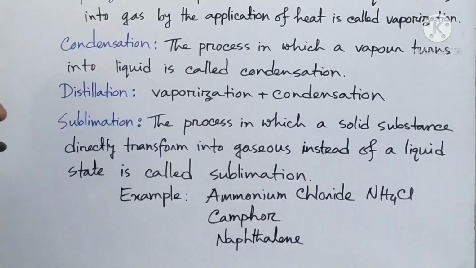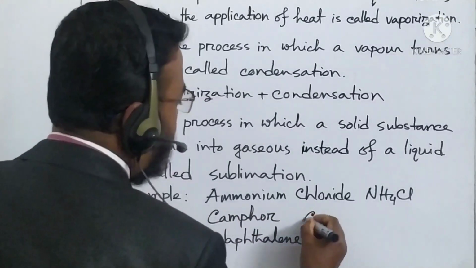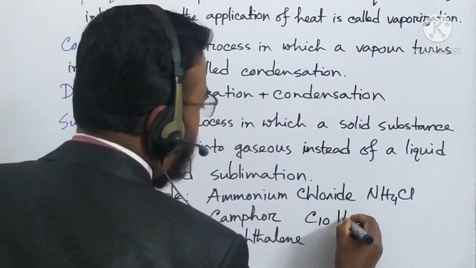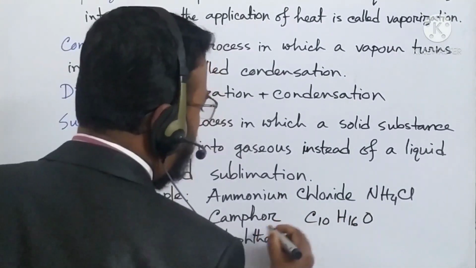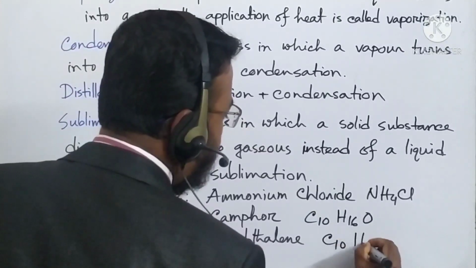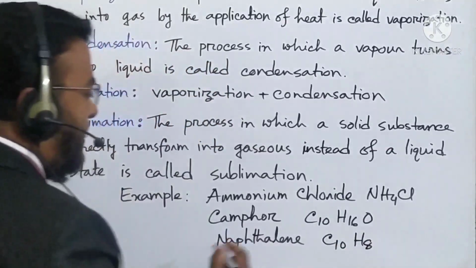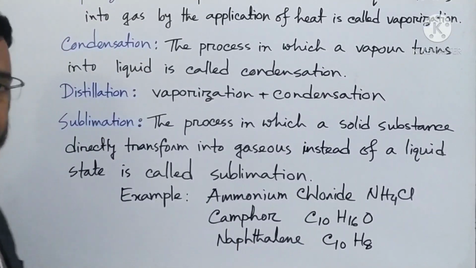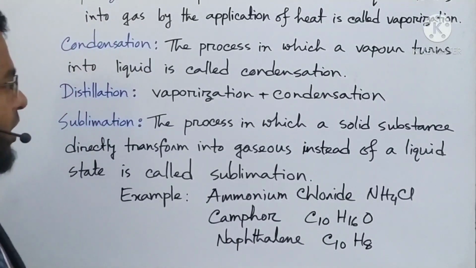Camphor is C10H16O, and naphthalene is C10H8. Then solid carbon dioxide and iodine, these are sublime substances.